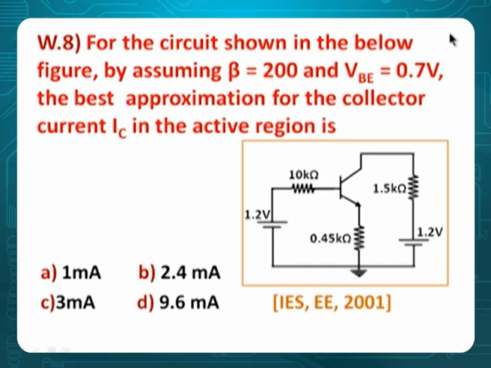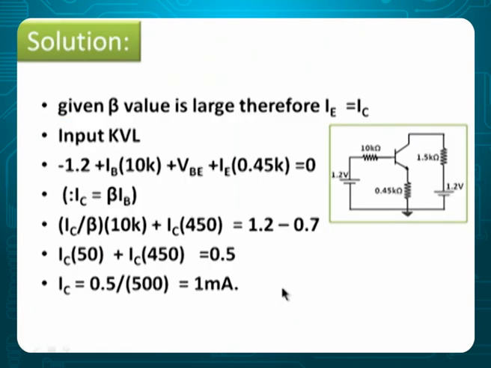Problem 8. For the circuit shown below, by assuming beta 200, VBE 0.7, find the best approximation for the collector current in the active region. First of all, check it. NPN transistor, forward, reverse, active region. Then calculate the value of IC. Very simple. Generally, we go for input KVL.